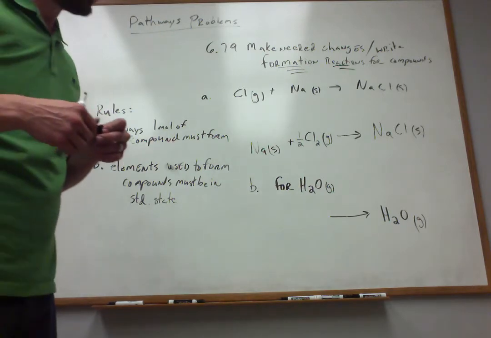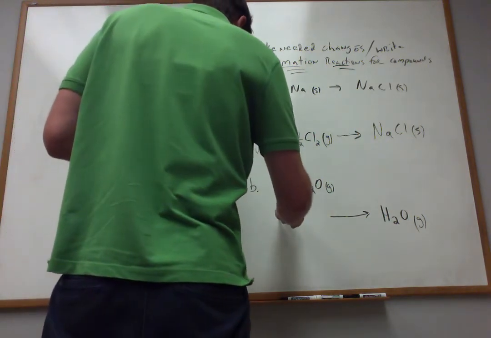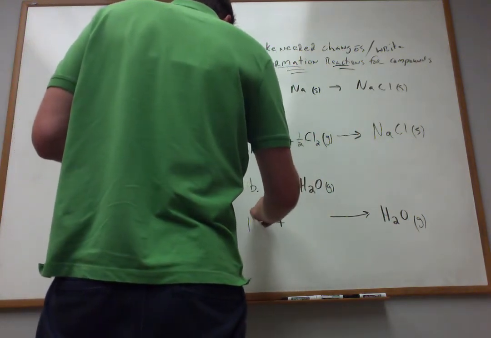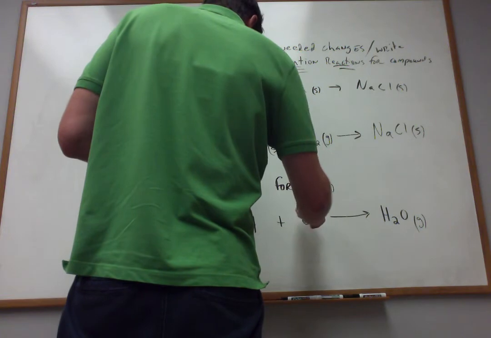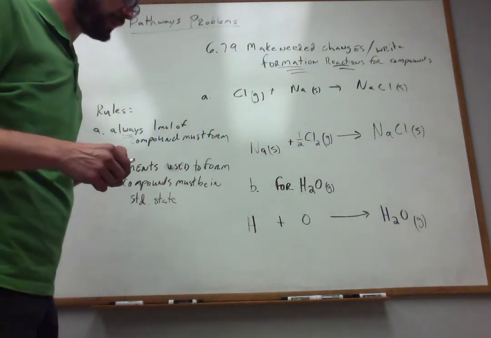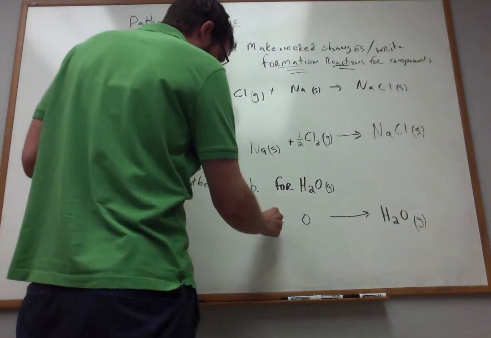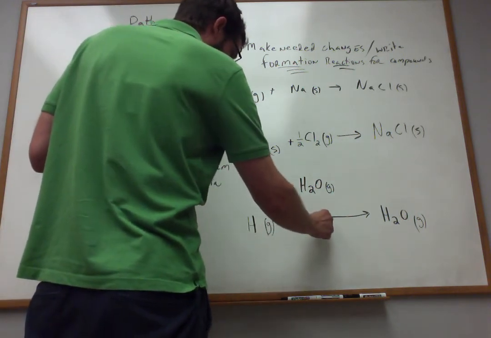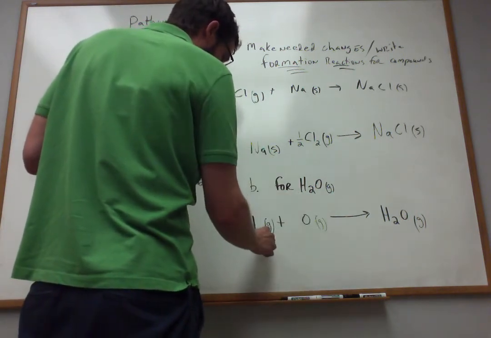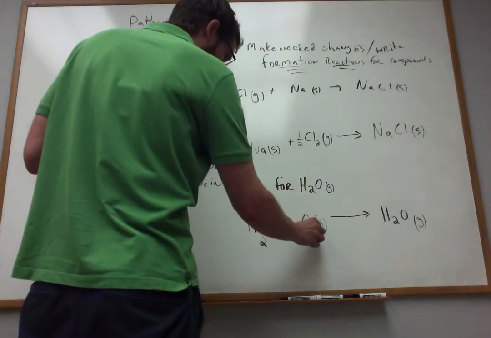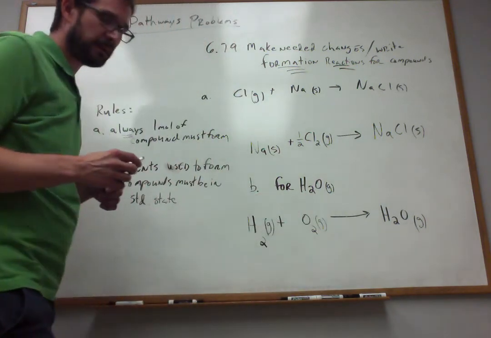Now what elements are responsible for making water? Well, hydrogen and oxygen, right? So I'll write H and O. Let's think about this for a second. What are those elements in their standard forms? Well, both of them are gases, right? So write g, no big surprise. Both of them are also on the list of diatomic substances.